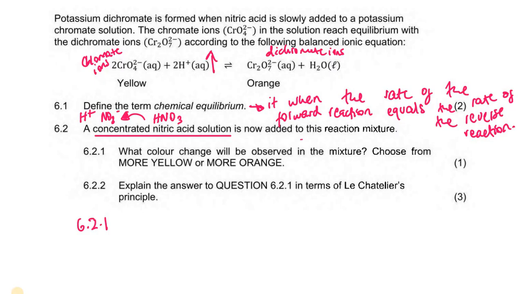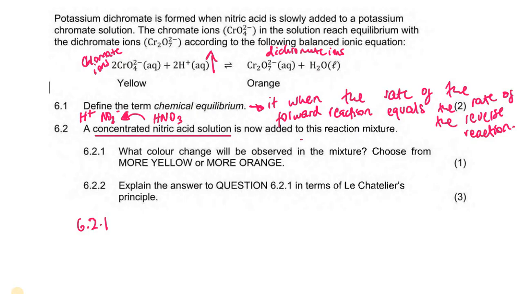Now if you added H plus, what will the system do? The system is going to say, no, you're not going to increase H plus on my watch. I'm going to favor a reaction that will reduce this H plus. And which reaction is that? Is the forward reaction. That is the one that is going to reduce H plus.